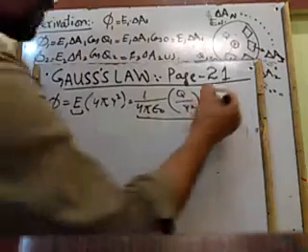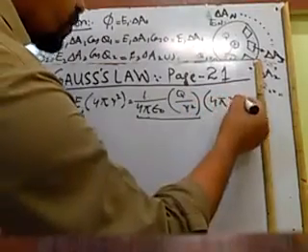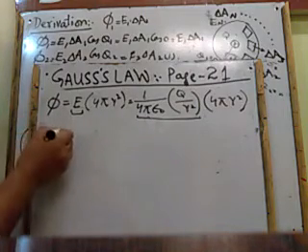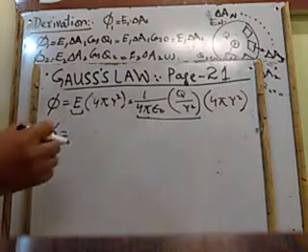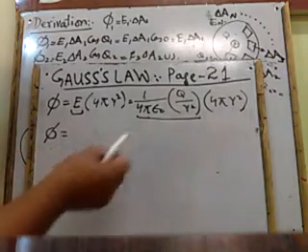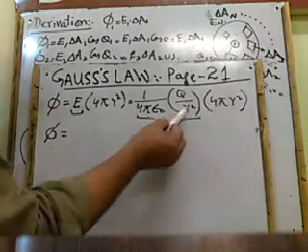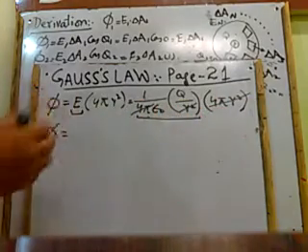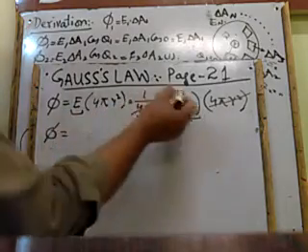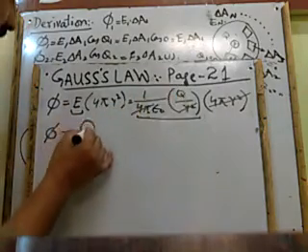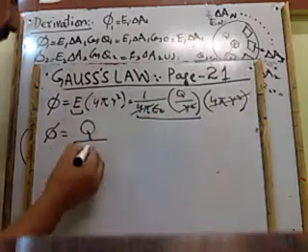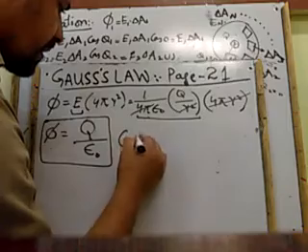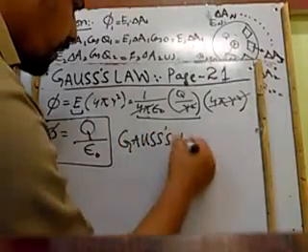And now putting this value with 4 pi r square, which is the total surface area of the sphere, we have some cancellation here, 4 pi and r square with r square. So finally we have the total charge Q enclosed by the surface divided by the permittivity of free space epsilon naught, and this is the mathematical form of Gauss's law.